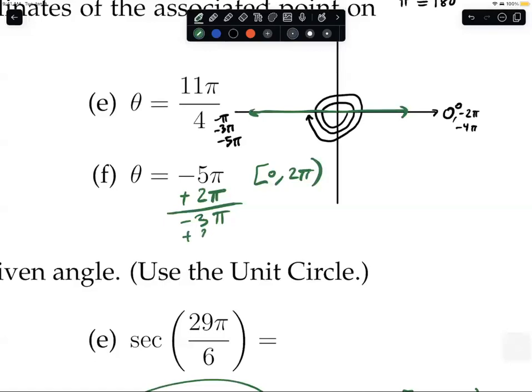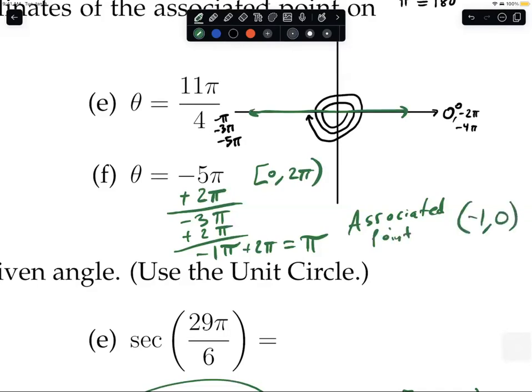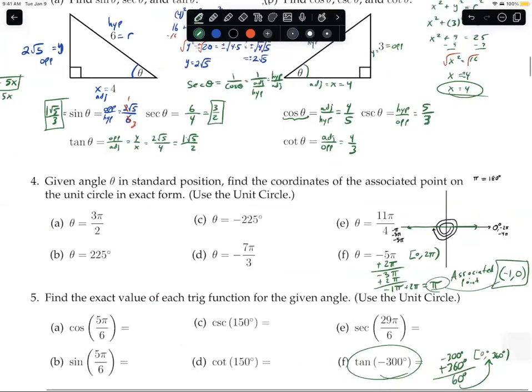So we add 2 pi again and get negative 1 pi. This is still not between 0 and 2 pi, so we add 2 pi one more time. 2 pi minus 1 pi is 1 pi. Now we get pi, which is between 0 and 2 pi. The associated point on the unit circle is the one with coordinates negative 1 comma 0. That one is associated with pi. So the answer is negative 1 comma 0.